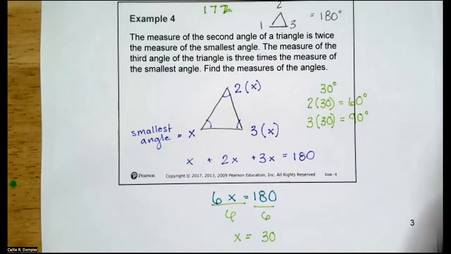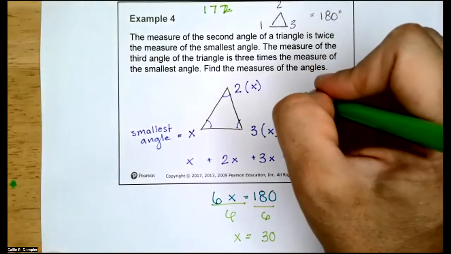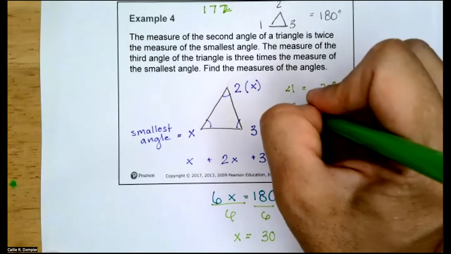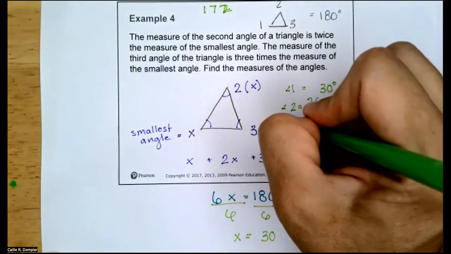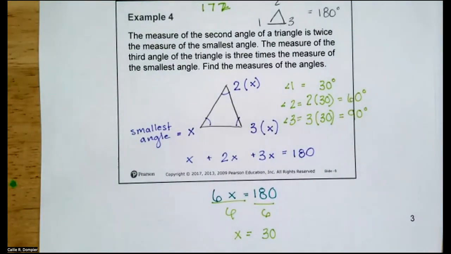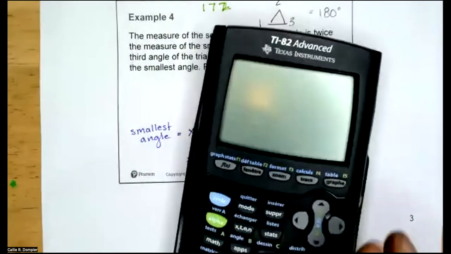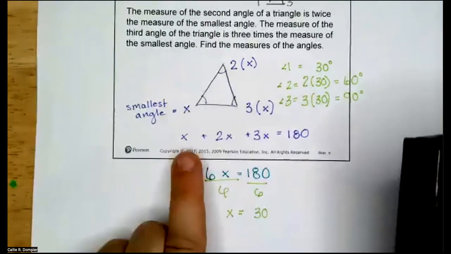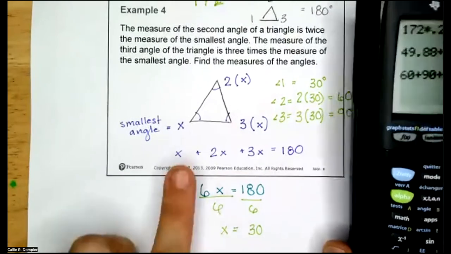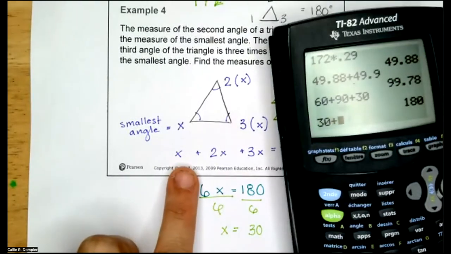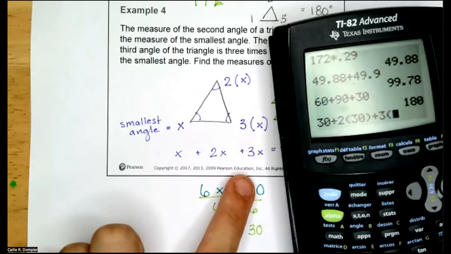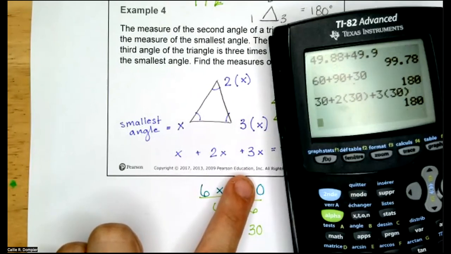So angle 1 is 30, angle 2 is 60, and angle 3 is 90. If I add 60, 90, and 30, do I get 180? Yes, I get 180. And more importantly, if x equals 30, 30 plus 2 times 30 plus 3 times 30 equals 180.